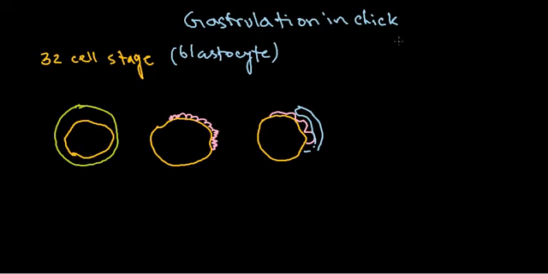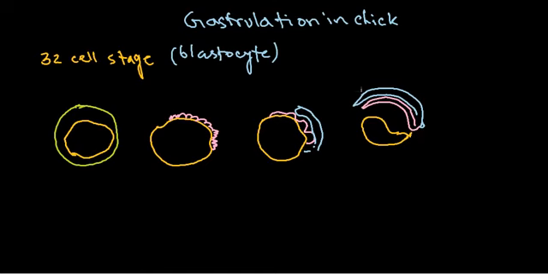So what is going on there? In this case, they are coming inside like this, and also this outer layer is coming outside like this. During this process, the yolk sac is going very less, it's cutting down, right?